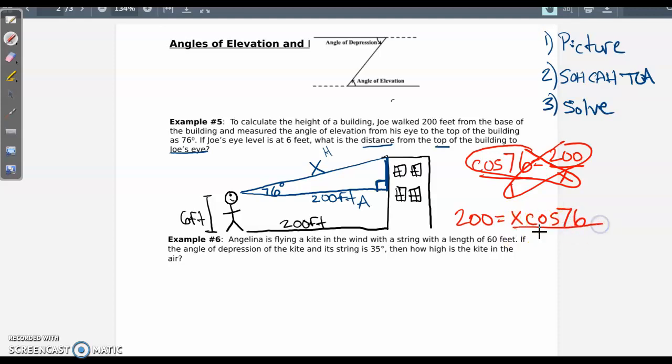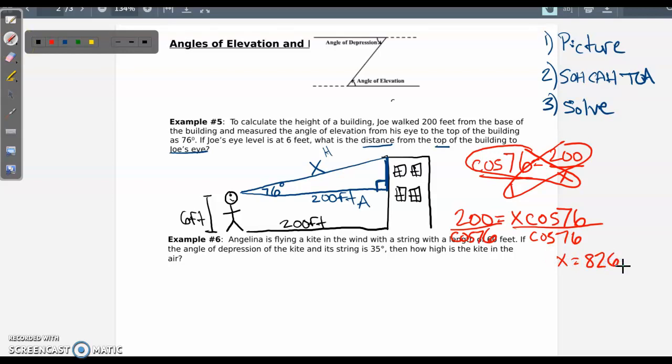Dividing both sides by cosine 76, we get distance is about 826.788 feet, approximately. Distance from the top of the building to Joe's eye.